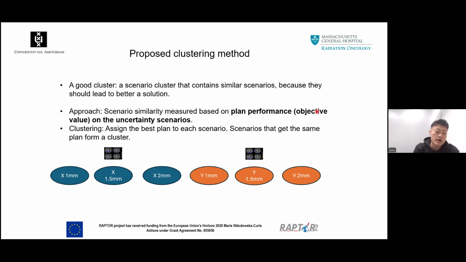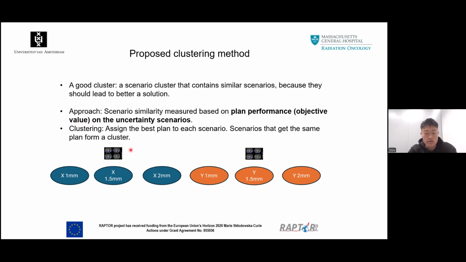So let's say I have 1 plan and I have 3 scenarios, and this plan works very well on these 3 scenarios, and we just say these scenarios are pretty similar.